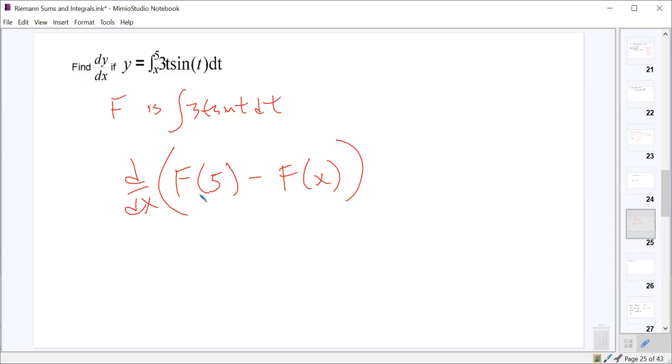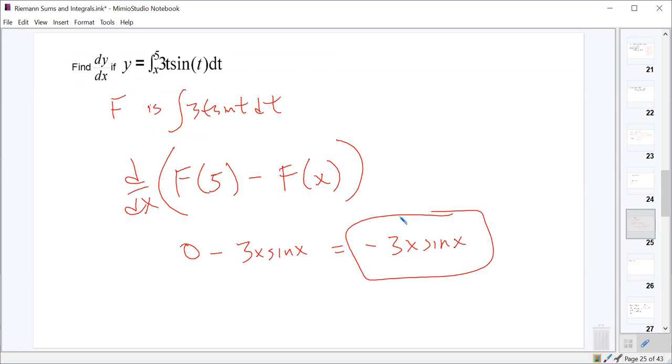The derivative of this constant would be 0, so we'd have 0 minus the derivative of the integral of 3t sine t, which would just be 3x sine x. And so you'd end up with just the opposite of that function. Does that make sense? Yeah, it does.